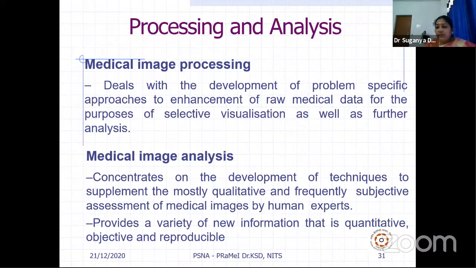Say for example, CT images of the brain or of the lungs, that is the subjective assessment. Likewise, based on diagnosis, based on diseases, say cancer or diabetes, we can also go for the analysis, and it provides a variety of new information that is quantitative, objective, and reproducible.